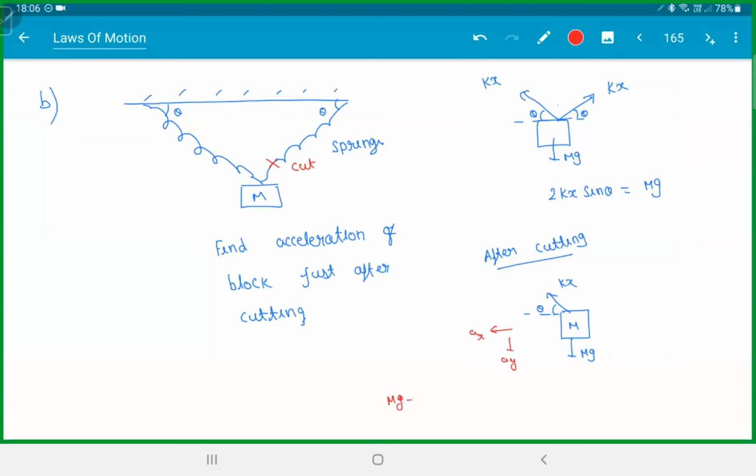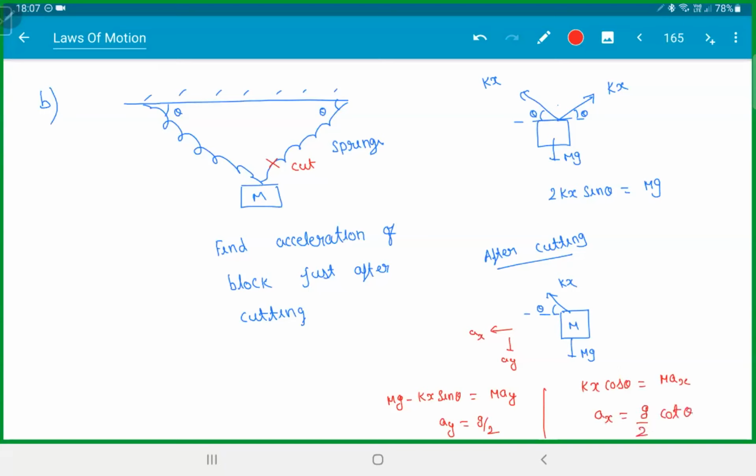So mg minus kx cos theta is equal to may, and kx is nothing but kx sin theta. So ay will be g by 2, and kx cos theta will provide the horizontal acceleration max. Kx is mg by 2 sin theta, so ax will be g by 2 cot theta.